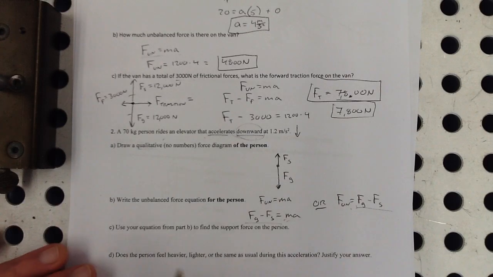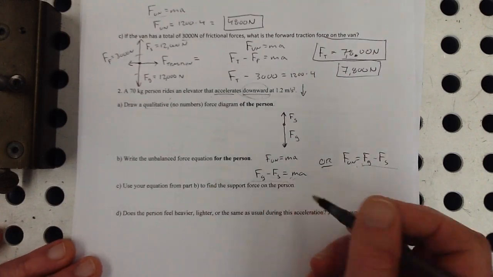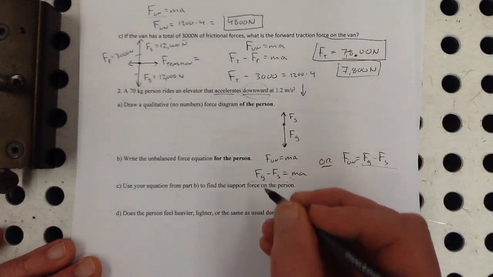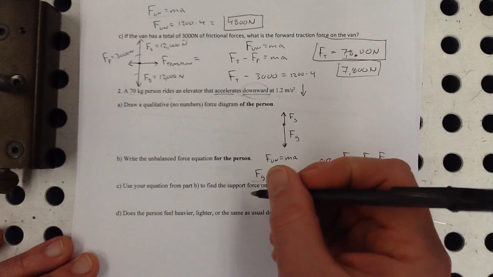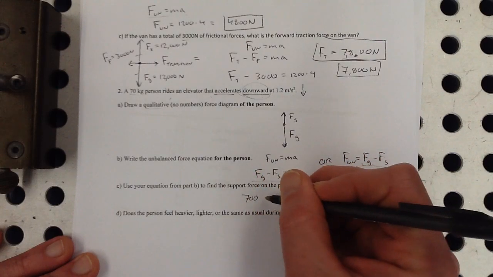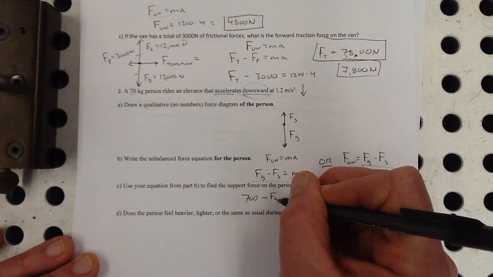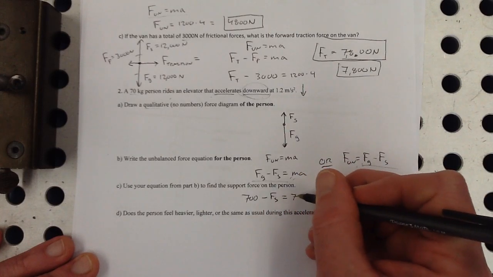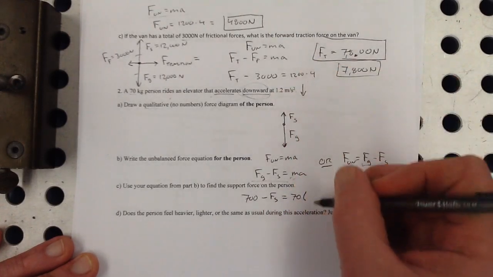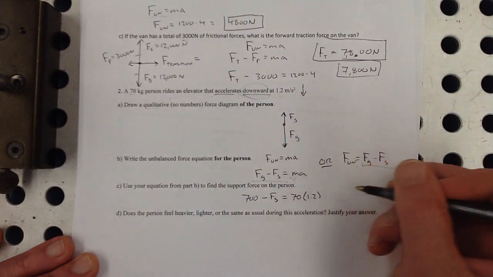Part C, use your equation from part B to find the support force. So the force of gravity on the person would be their mass times 10. Support force is what I'm looking for. Mass times 1.2.